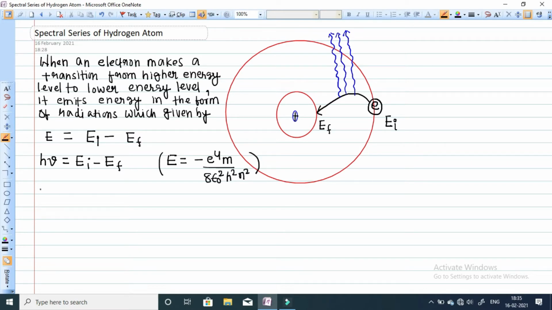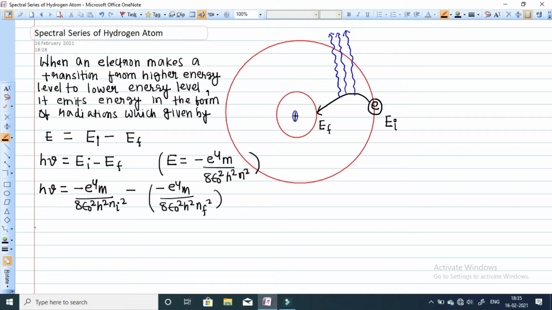So we can write this formula: h nu equals, replacing E initial, minus e to the power 4 into m upon 8 epsilon naught square h square n initial square, minus E final, which can be written as minus e to the power 4 into m upon 8 epsilon naught square h square into n final square.